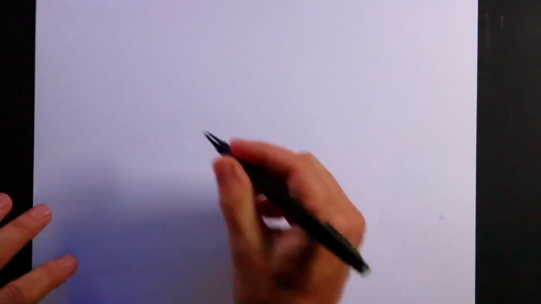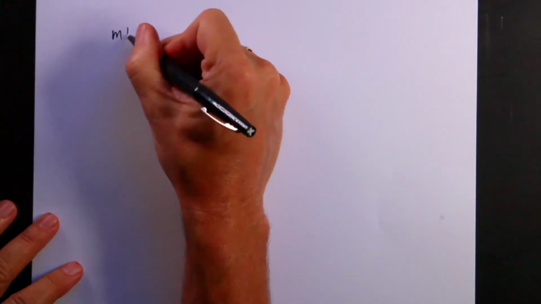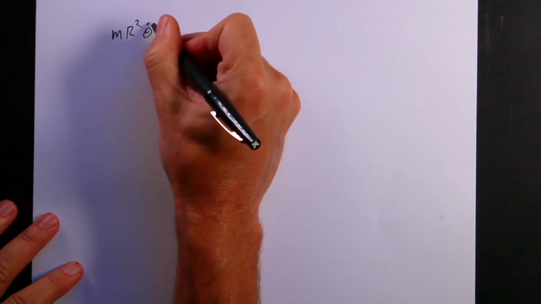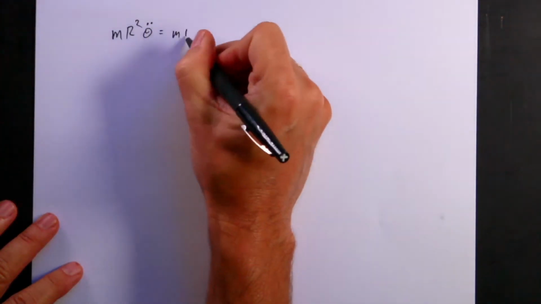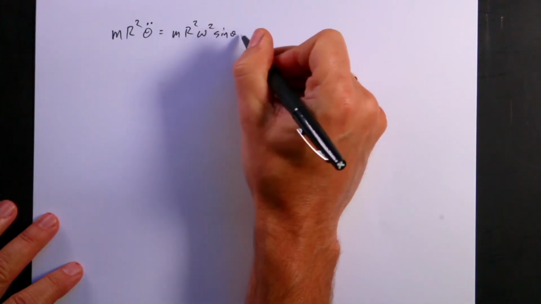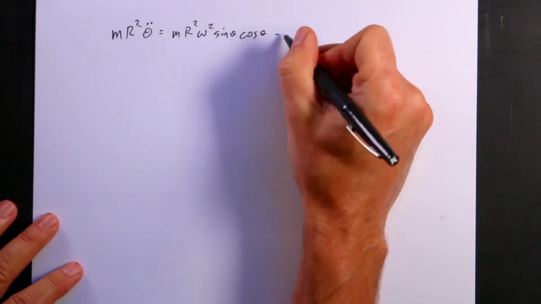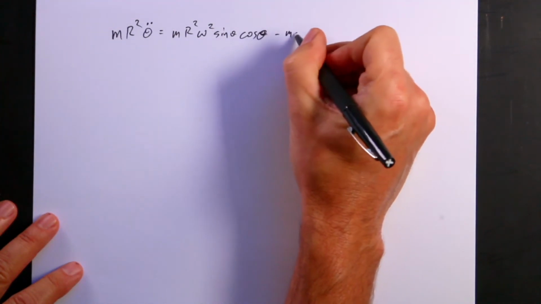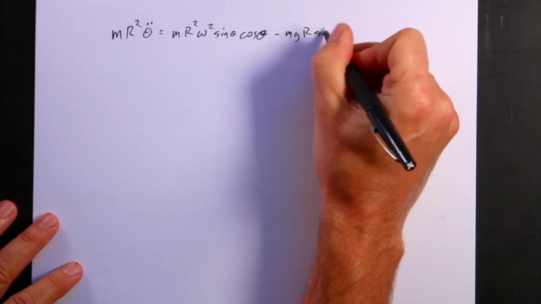I said find the differential equation of motion. You didn't have to find the whole thing. So m r squared theta double dot equals m r squared omega squared sine theta cosine theta minus mgr sine theta.